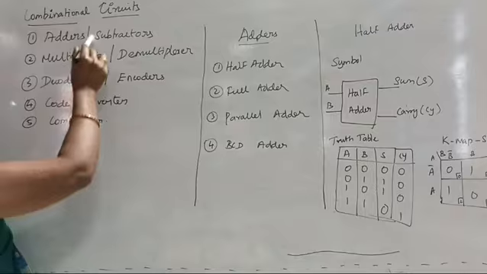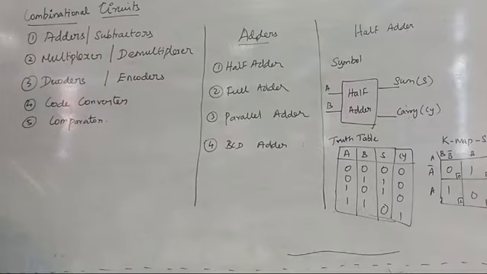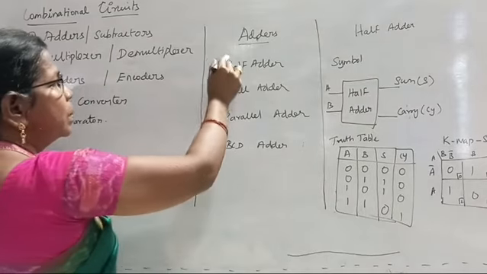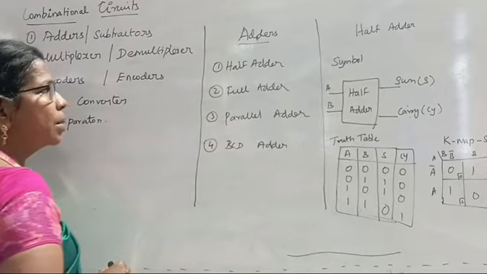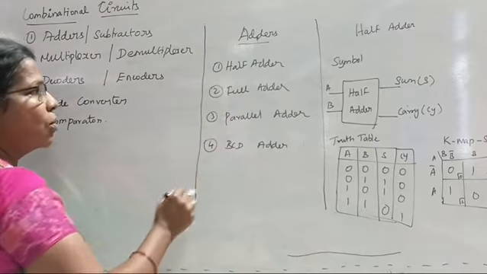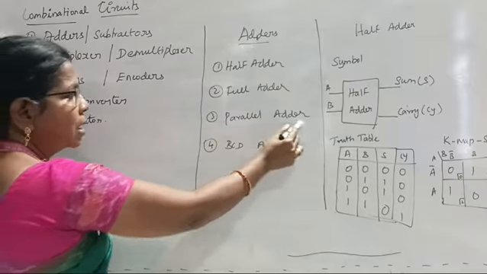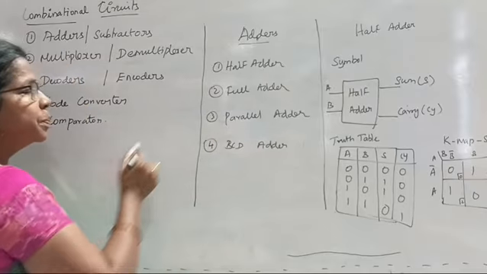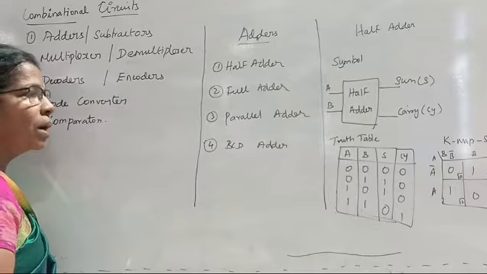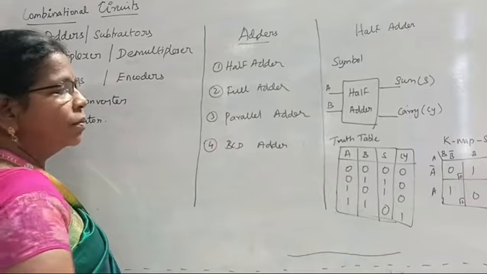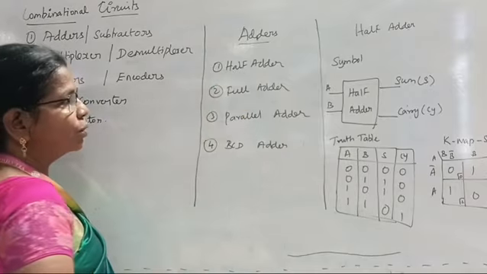So the very first combinational circuit is the adder. We have the main 4 types of binary adders: half adder, full adder, parallel adder, as well as the BCD adder. The half adder is an adder which is used to add 2 bits of information.